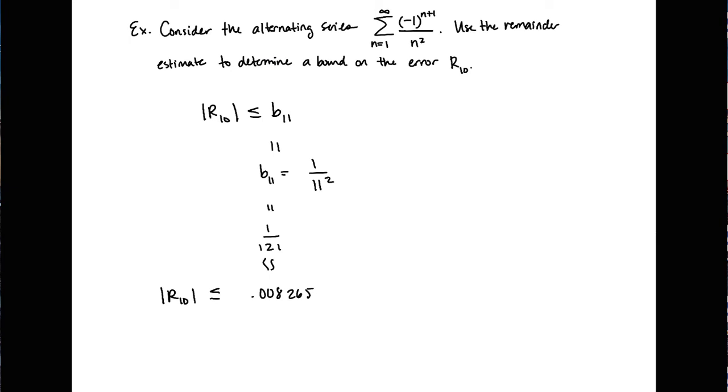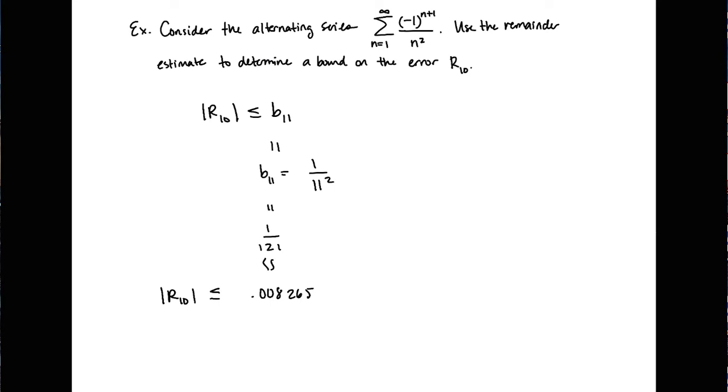Okay, so a common question that I get about remainders is why are we dealing with an inequality? Why can't we just say the remainder is and then find out exactly what the remainder is equal to? Which is a good question, but if you think about how infrequently we can actually conclude what a series converges to, you'll notice of all our series tests, the only ones where we really know what a series converges to is like the geometric series.